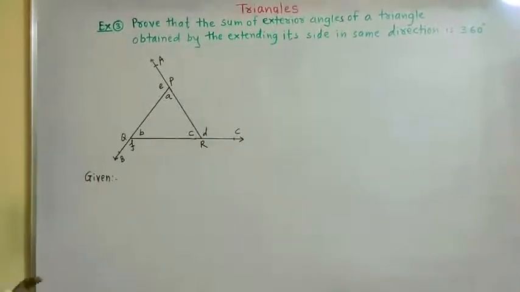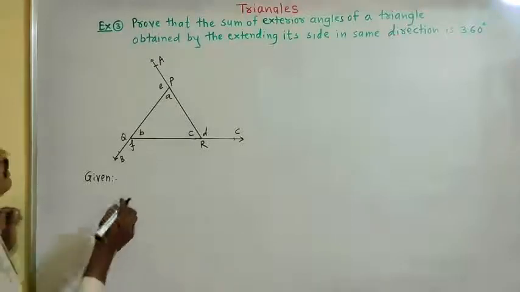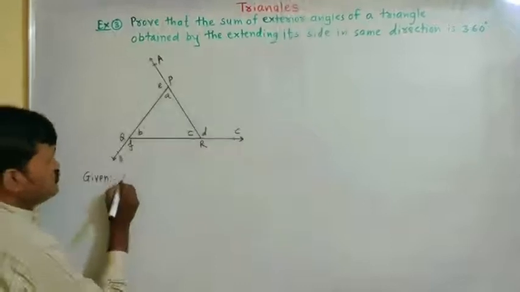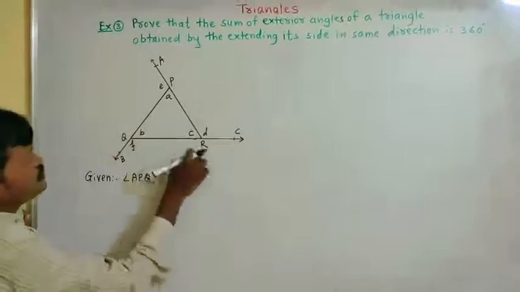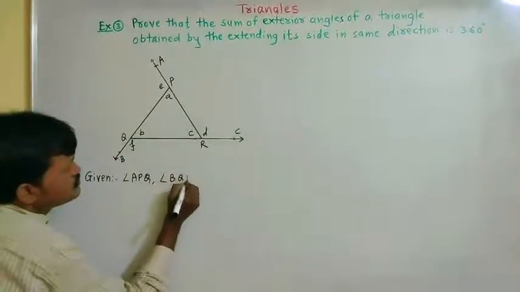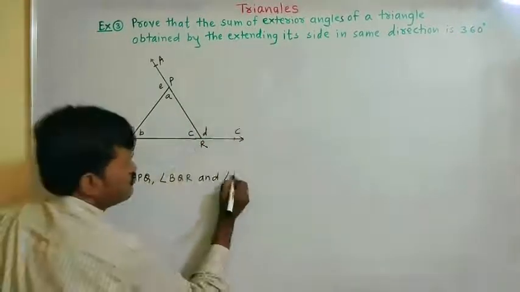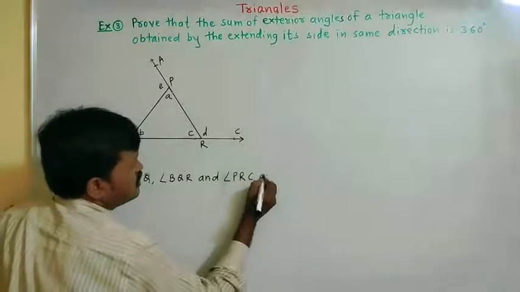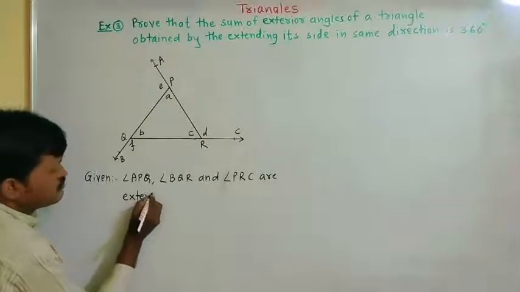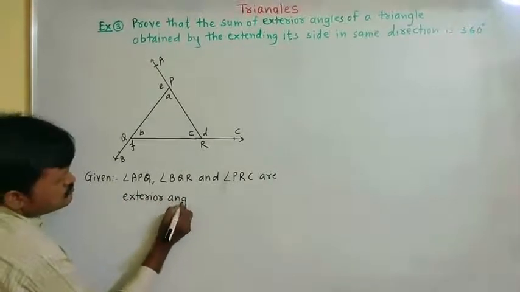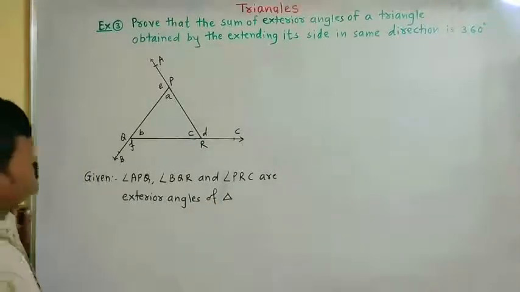What is given here? Angles APQ, BQR, and PRC are exterior angles of triangle PQR.